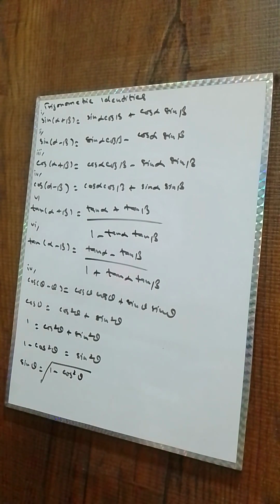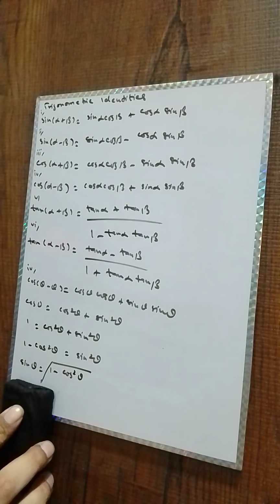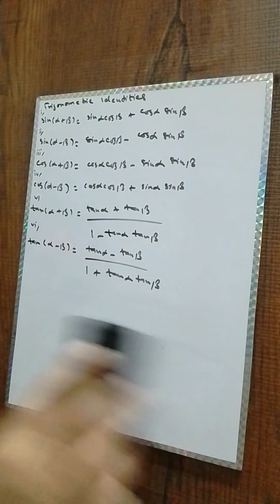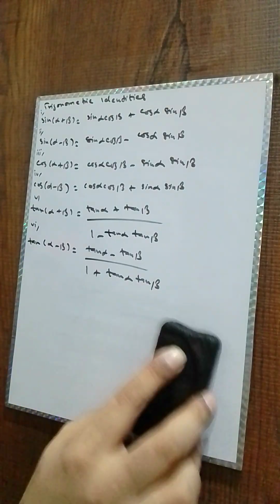This is the form for the fourth identity, and we will look into the fifth and sixth as well.